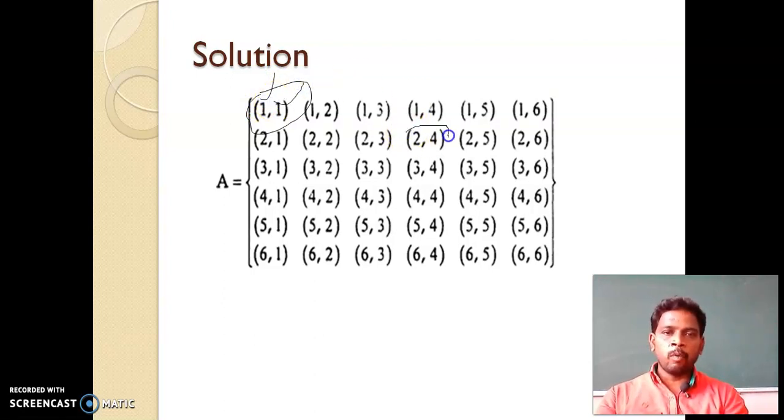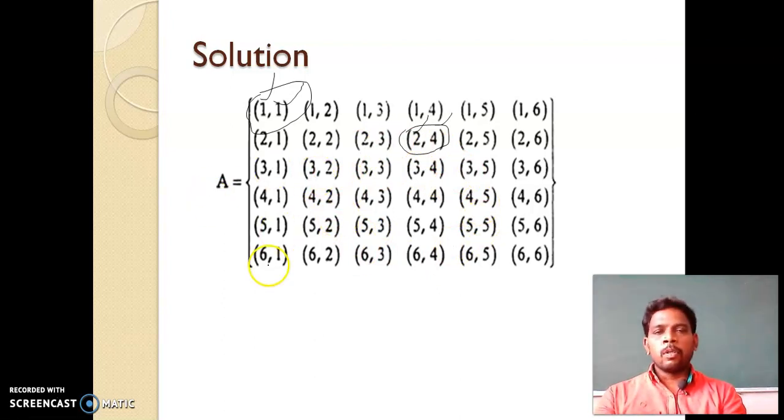If you take 2, 4, it means the first die shows 2 and the second die shows 4. So the first number is displayed by the first die, and the second number by the second die. So these are the possible outcomes.